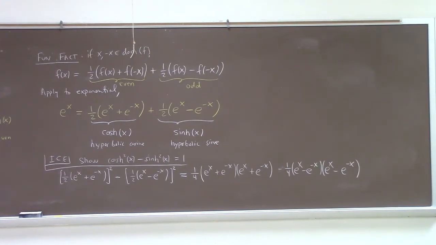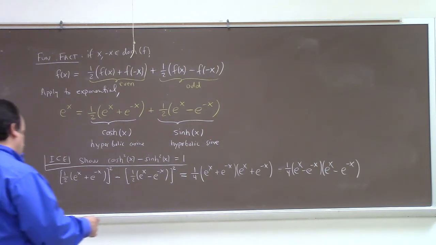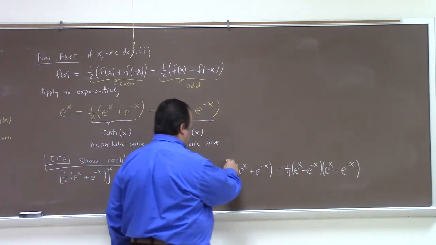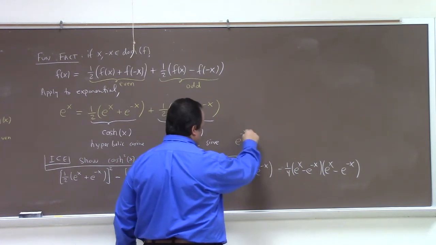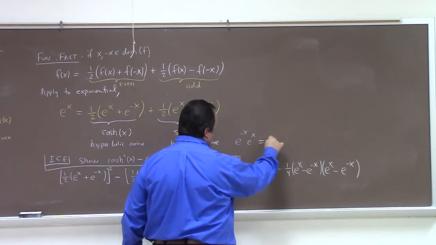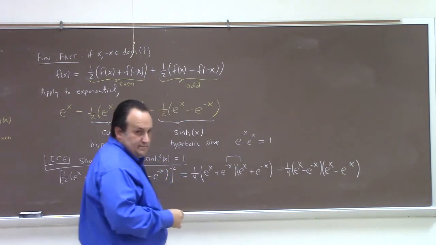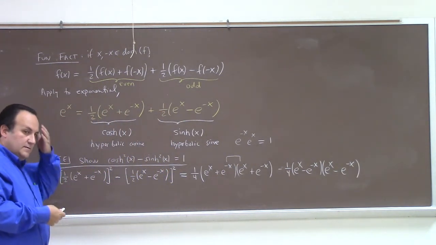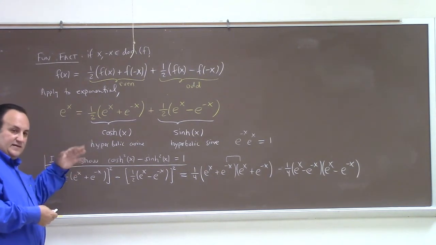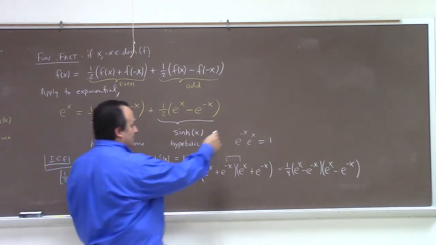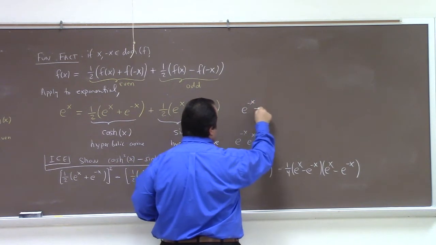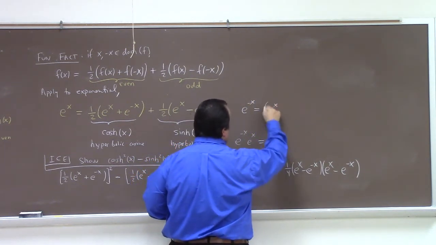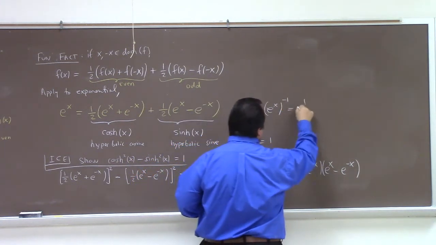What's e to the x times e to the minus x? See, e to the x times e to the minus x is what? It's 1. Because it's e to the minus x plus x, which is e to the 0, which is 1. In other words, e to the minus x is 1 over e to the x, right? Just to remind you.